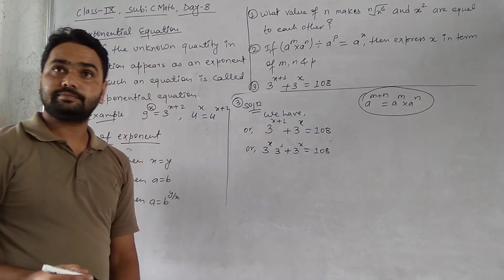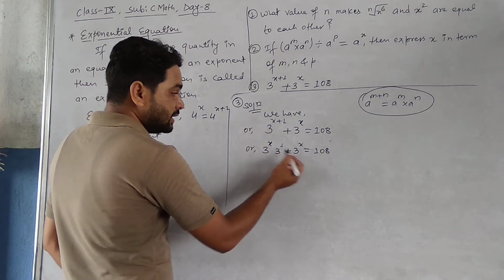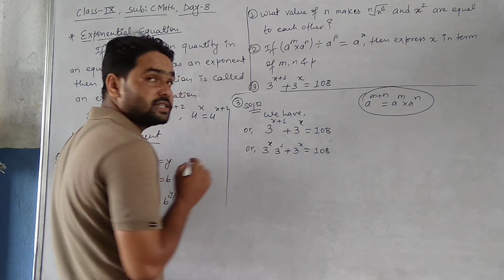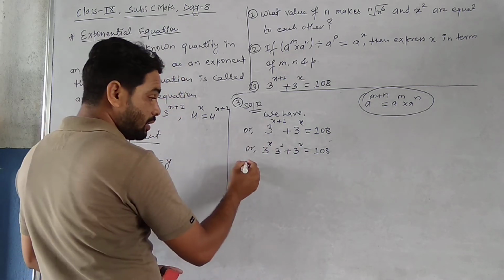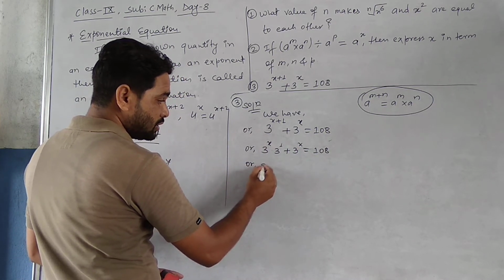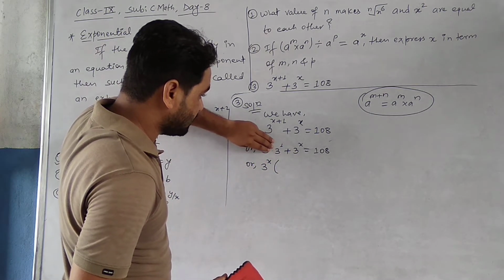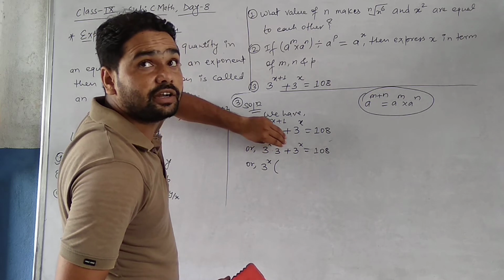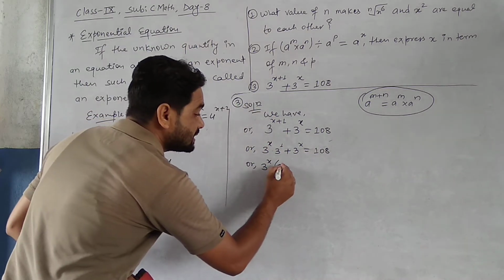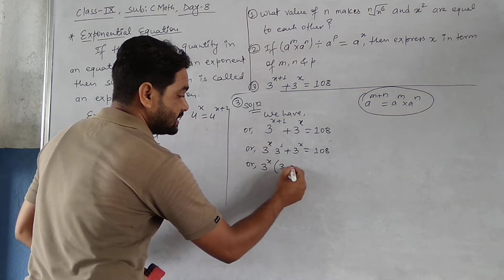Now look here. 3 power x is here, 3 power x is here. So we can take 3 power x as common. If we take out 3 power x from here, we get 3 power 1, and 3 power 1 is just 3, and the plus sign stays.